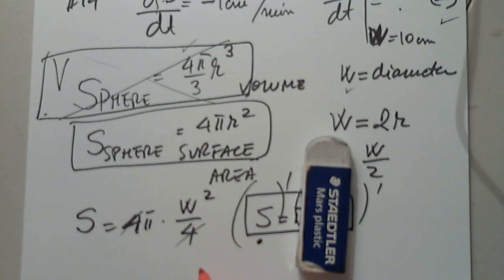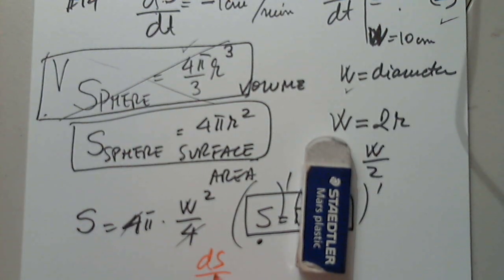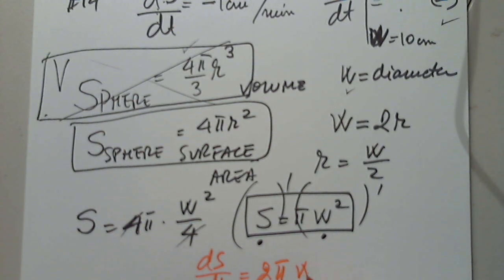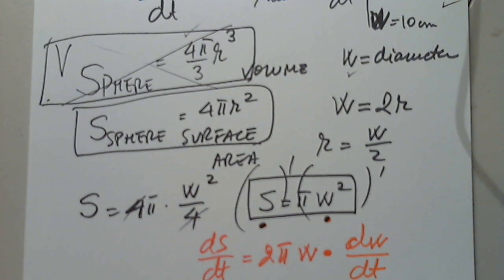Wait. ds over dt. Thank you. Good. On the other side, you already said 2 pi w times the inner function prime. Just 1. I put a dot underneath. Oh, w and dw over dt. Exactly. Awesome. So then, this is what they want us to find.